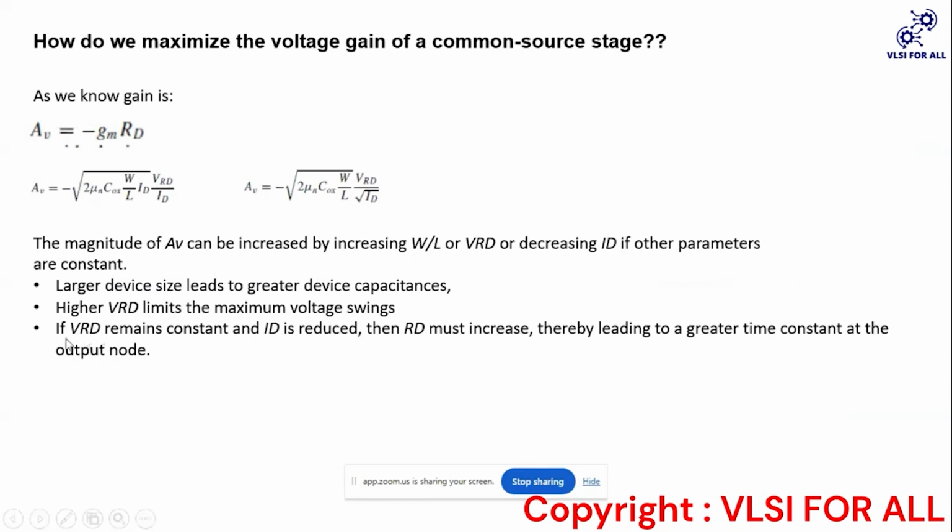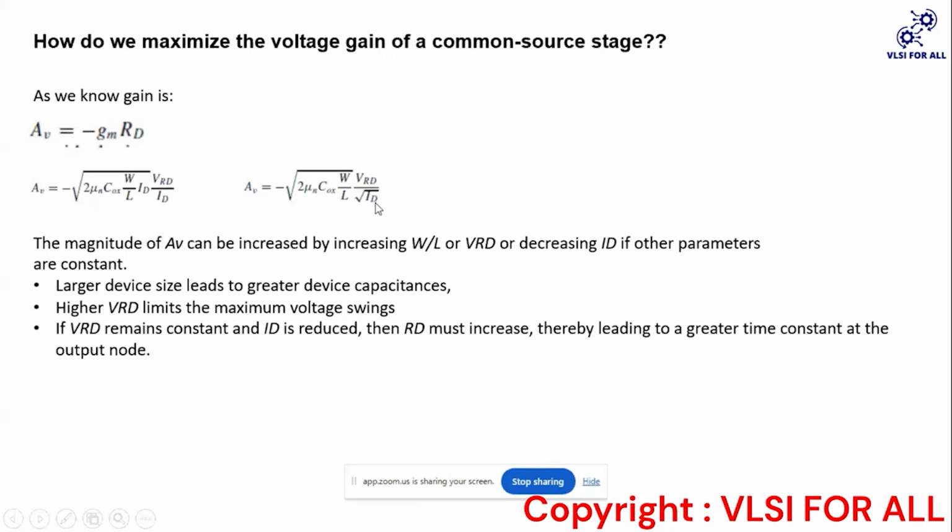Now what we are going to do, we are going to decrease ID by keeping W and VRD constant, right? If we decrease the ID, our gain will increase. But the disadvantage is, when we decrease this ID, we have to increase the RD such that the VRD will be constant, because we are changing only one parameter here and keeping all other parameters constant.